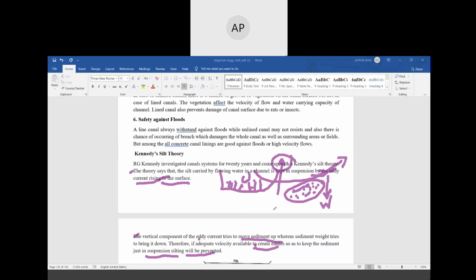So silting will be prevented. Silting means deposition. Suppose in a particular side of the canal silting is there, the flow will be less, isn't it? The bed level will rise and the flow will be less. That is why Kennedy gives some theories related to this silt deposition. So silting will be prevented.